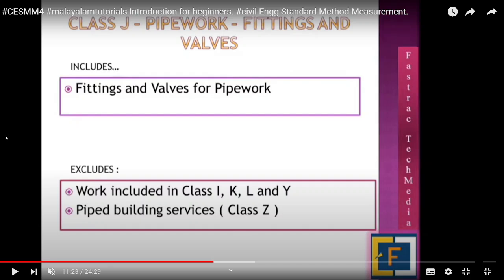This class mainly includes infrastructure work and it is not related to building services. Private building services you can see, class Z is coming. Do not confuse these things.